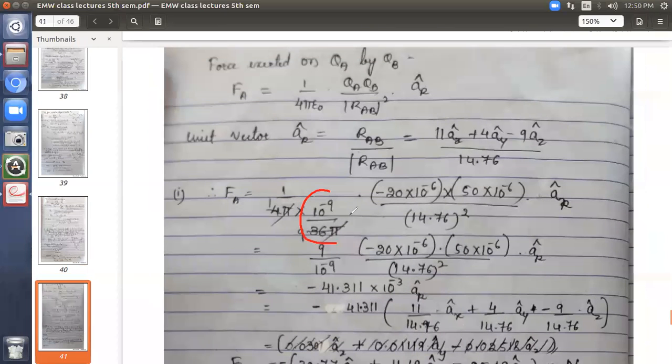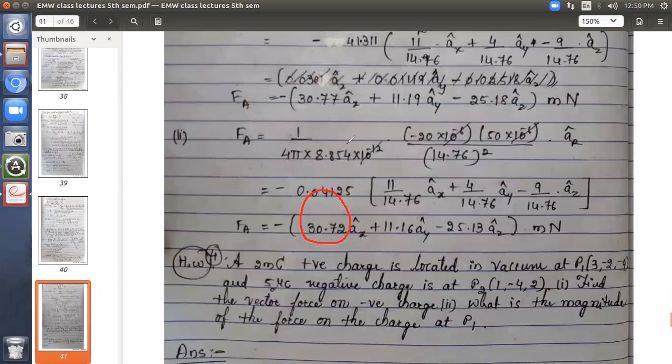Epsilon is this, given epsilon. So I'll get this. Second time, similar kind of calculations, 8.854. Okay, so don't get confused. The question is for two different epsilon naught values, you need to calculate the force. Procedure is same, just epsilon naught value you should change it in both the problems.